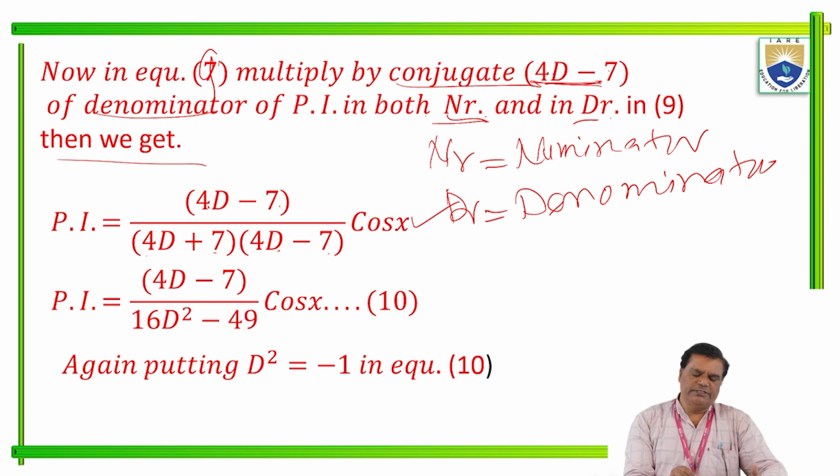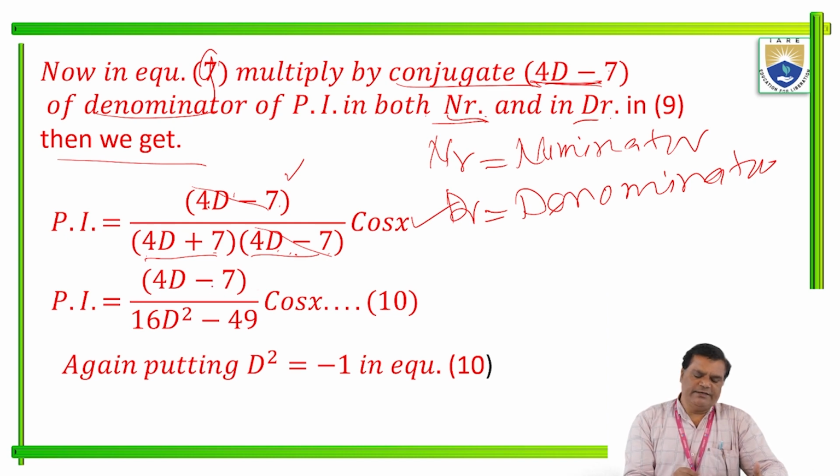If we multiply in the denominator, then we also multiply in the numerator. Both are done simultaneously. If we multiply only in one place, then there is a mistake. Otherwise it cancels out, there is no change, and the last equation is equal to this equation.